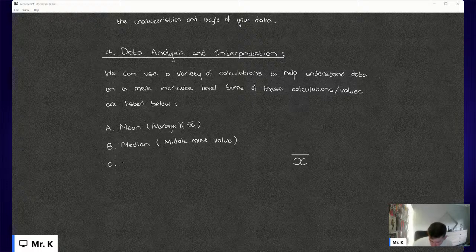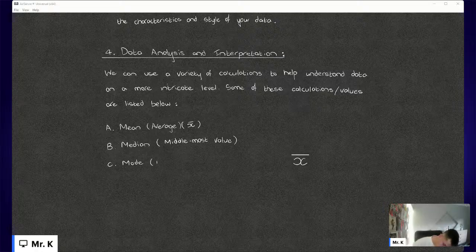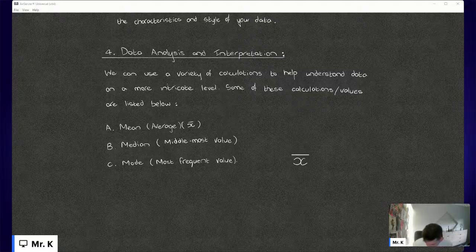C, we need to talk about the mode. This is the most frequent value in data sets, right? The number that pops up most commonly. But what else can we understand? We can talk about the range.